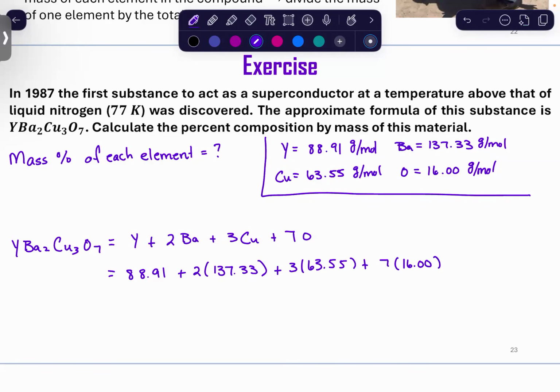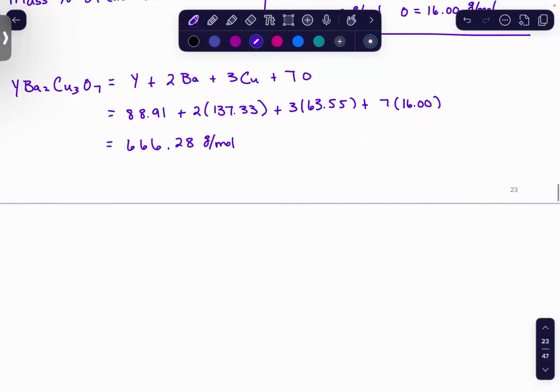And when we add all this up, okay, now that we have this, we can start calculating the percentage of each one of these elements.